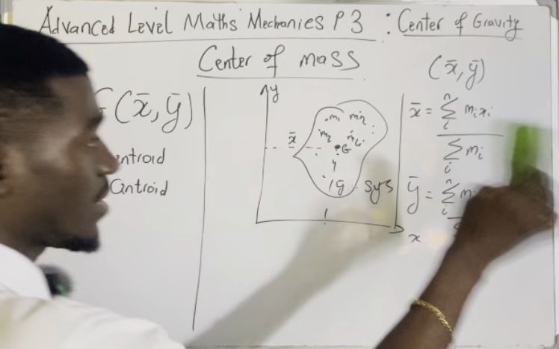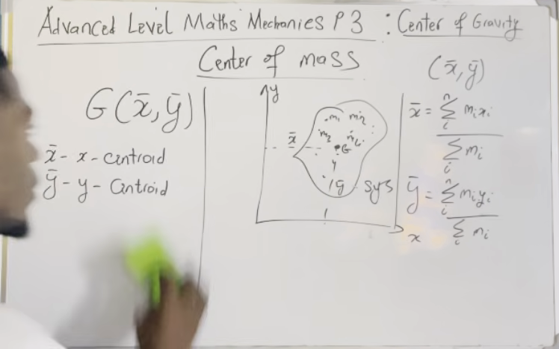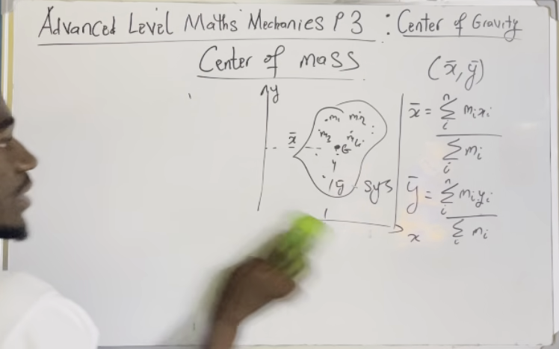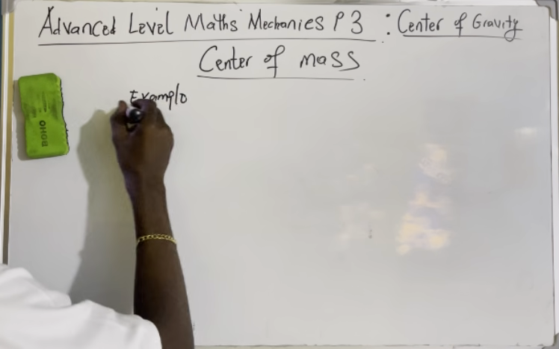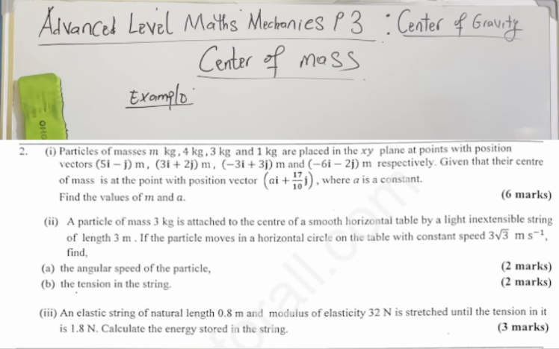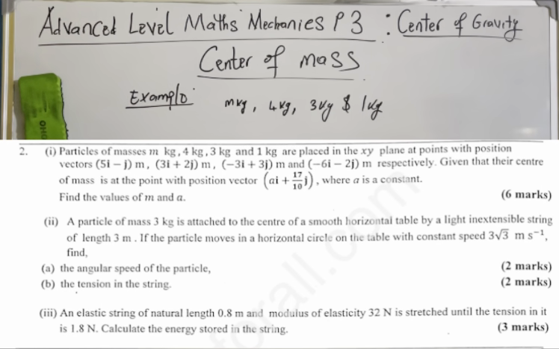So let us work a small example to really explain this. Let us work a sample to explain what I'm just doing. For example, particles of mass m kilogram, 4 kilogram, 3 kilogram, and 1 kilogram are in the xy plane at points with position vectors.